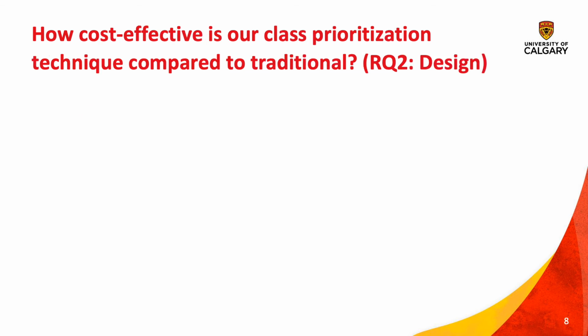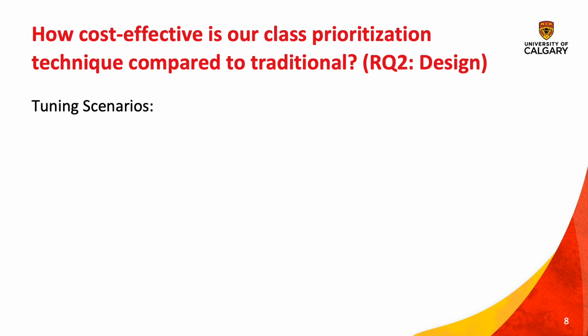The numbers that we discussed in the last slide may not show the effectiveness of our results in practice. Thus, in research question number 2, we use the prioritization method to rank classes, select the top 20% of classes, and allocate the budget to those classes only. We have 5 tuning scenarios here.